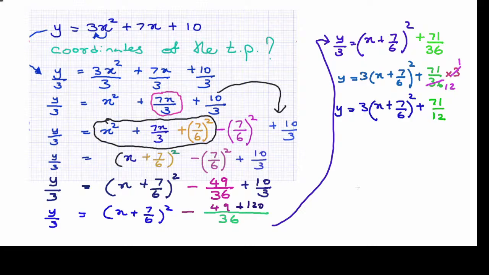All right, now we have written the equation in vertex form, which means now we are in a position to write the coordinates of the turning point. So what are the coordinates of the turning point?